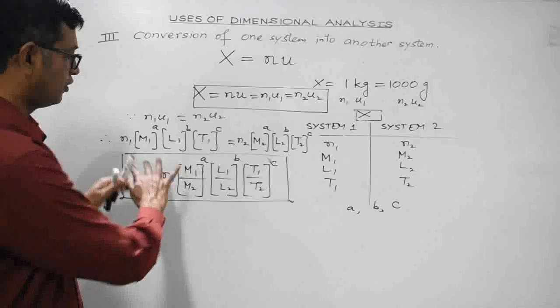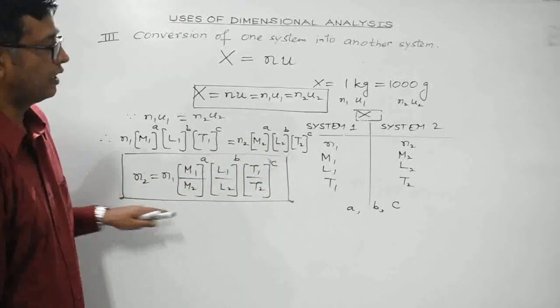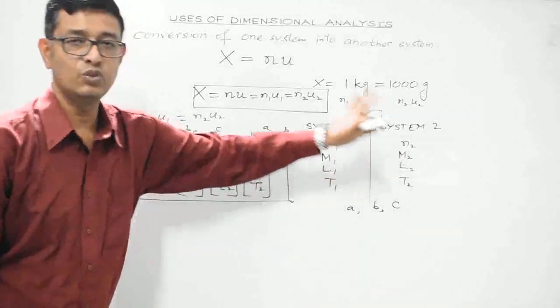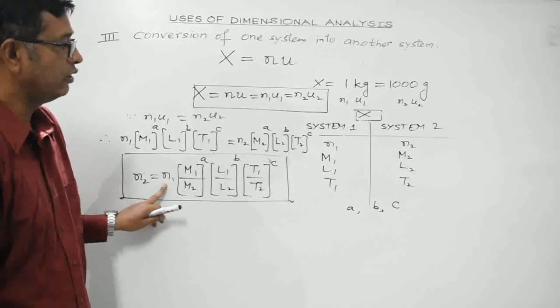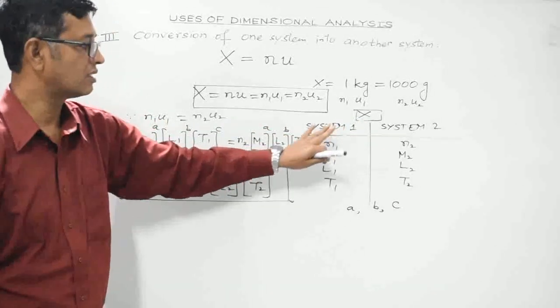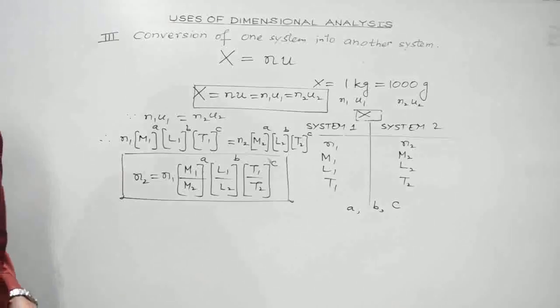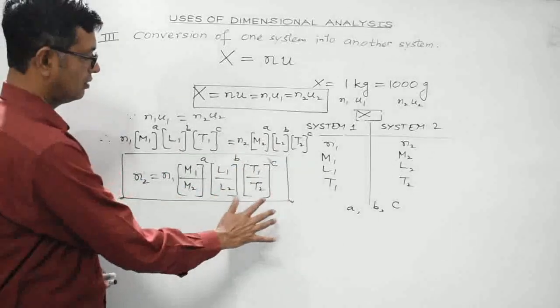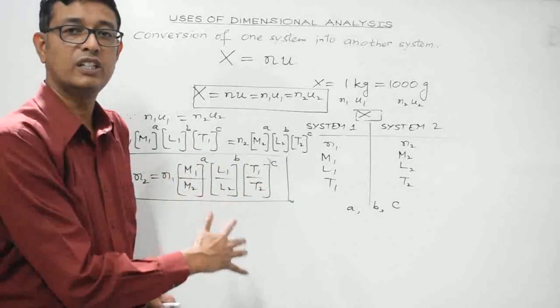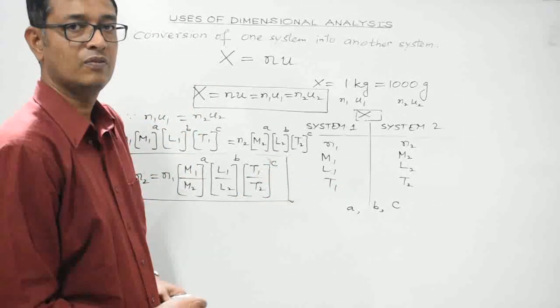N2 is the numerical value of physical quantity x in system 2. N1 is the numerical value of the physical quantity x in system 1. Clear?